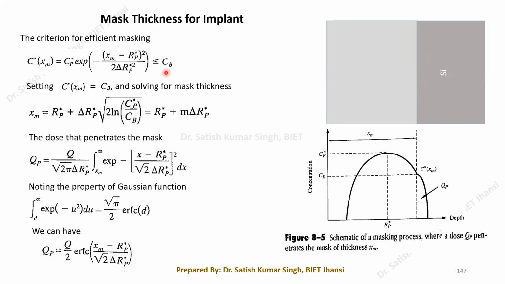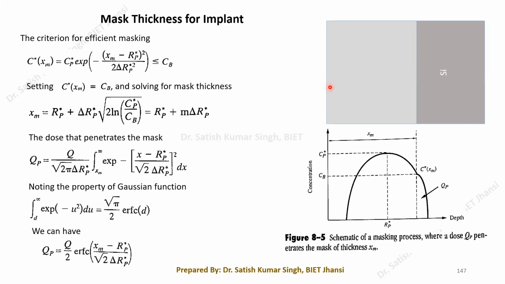So when we are going for the doping, and we want this mask to stop the ions, then when you bombard this wafer, your ion beams will travel through this mask.